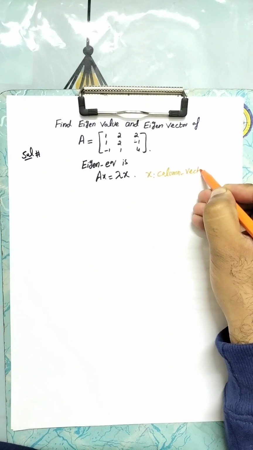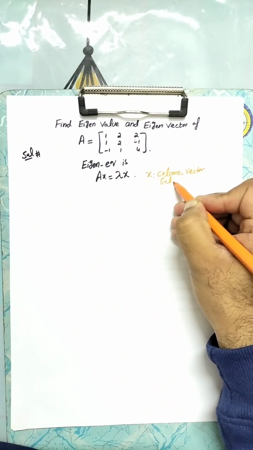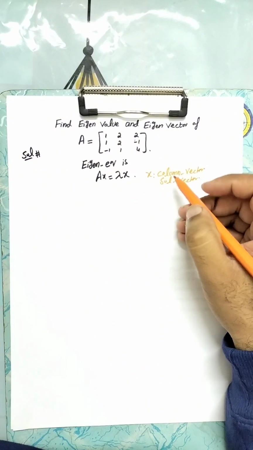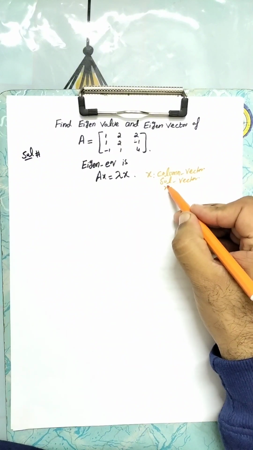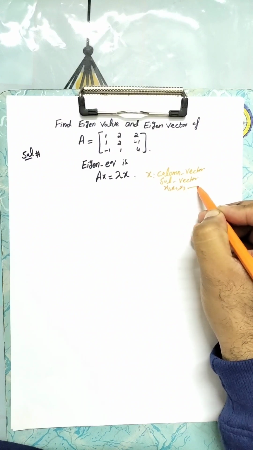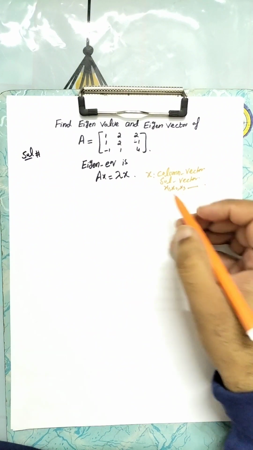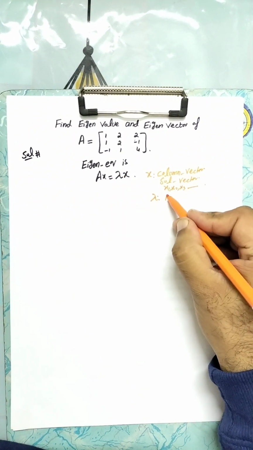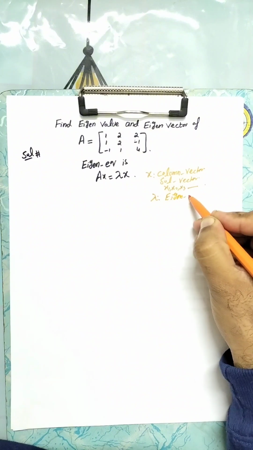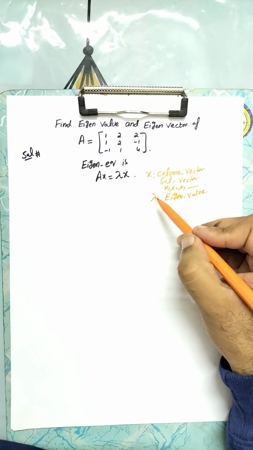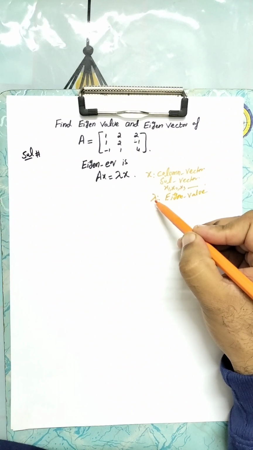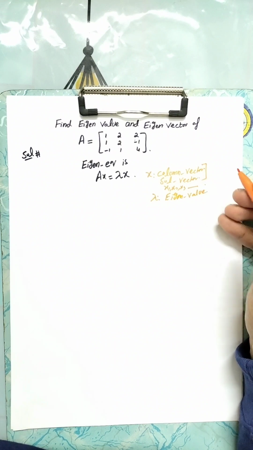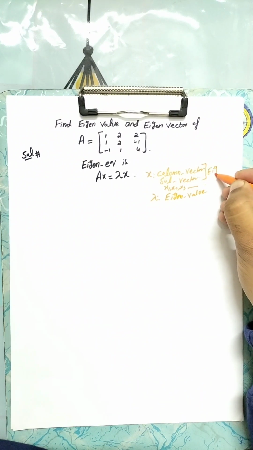Basically x contains the values of unknowns like x1, x2, x3 and so on. If we find lambda, then for each lambda we have an eigenvector. This column vector or solution vector is the eigenvector.